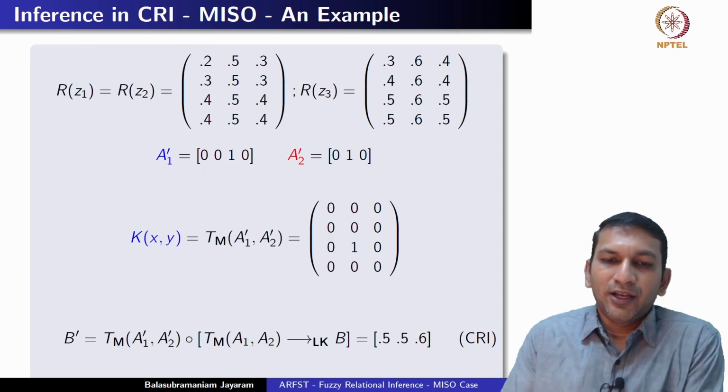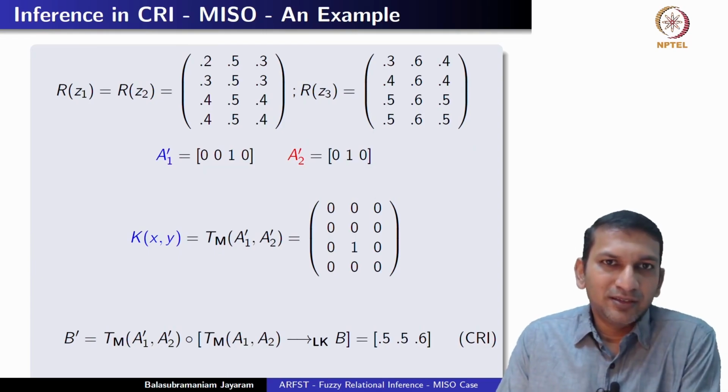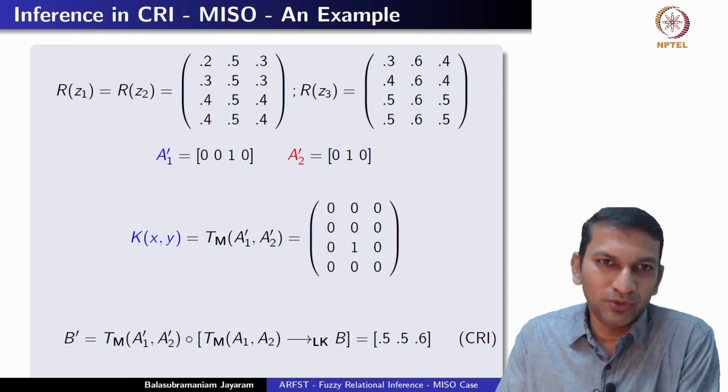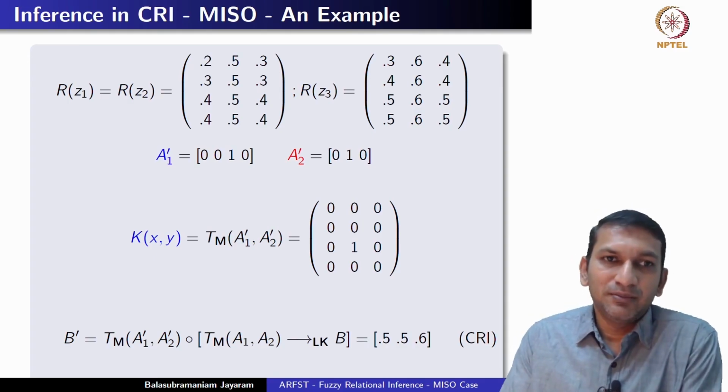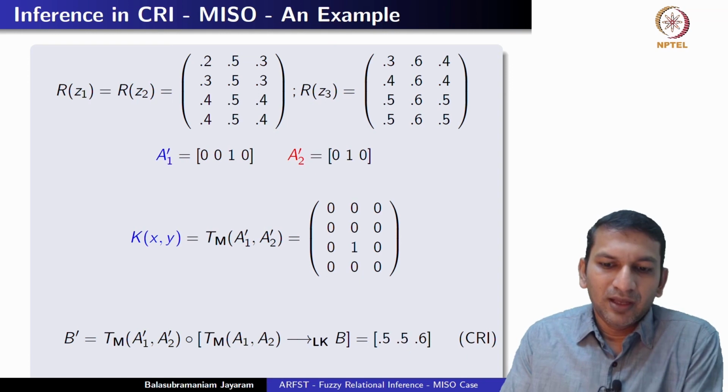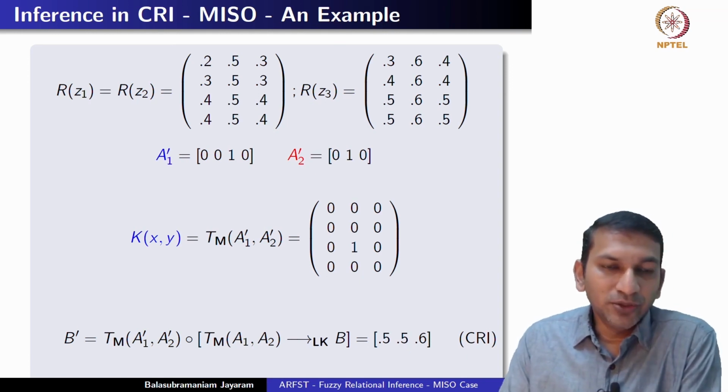Well, you would have noticed the cumbersome, tedious way to compute the output when we have a multiple input, single output rule, and this is just one multiple input, single output rule. So if you have many such rules, then it becomes computationally even more cumbersome. Is there a way to reduce the computational effort?